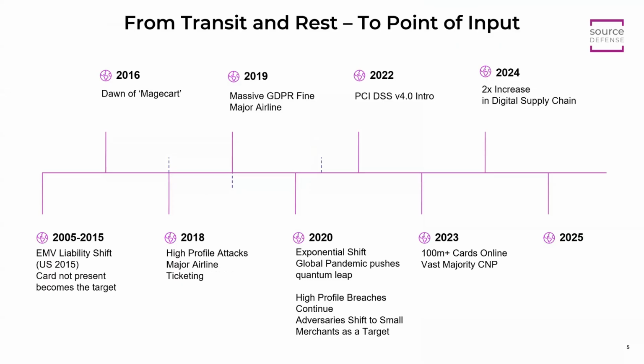So real quickly, eSkimming, MageCart and formjacking attacks, where did this all come from? Looking over the past 20 years, you see MageCart, which was the original, kind of inside-baseball cybersecurity term for an eSkimming attack, around 2016.